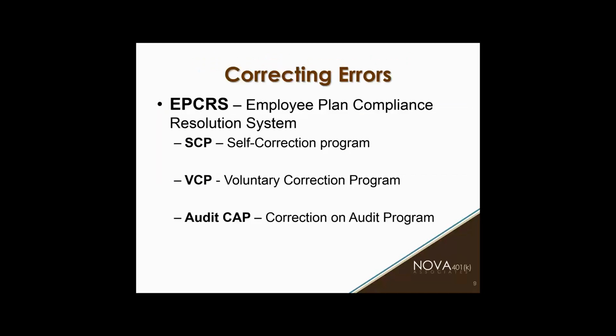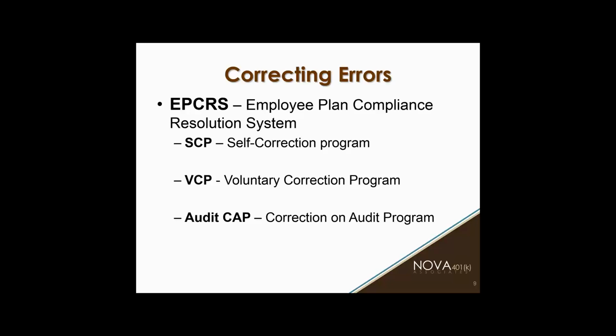Now, should there be an error, we're going to talk about some of the specific ones in a moment, but there is a process to correcting mistakes. You can either self-correct some mistakes that are eligible for self-correction, meaning you don't have to do a formal filing with the IRS in order to fix the problem.